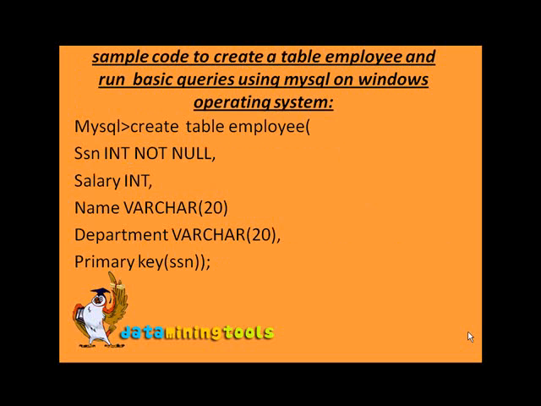Let's run some few examples. Consider an employee table having attributes SSN, salary, name and department. Here SSN is set as the primary key because SSN uniquely defines every employee.